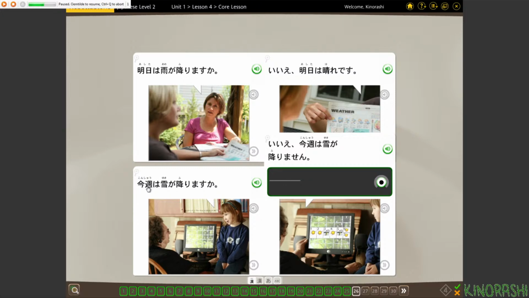I'm guessing that was used in week, but I've forgotten it all. Actually, let's look up the kanji for Ishukan. Japanese to English.